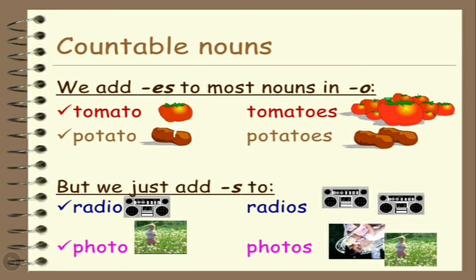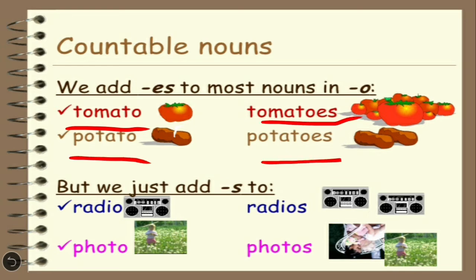The examples you can easily see: tomato, tomatoes, potato, potatoes. And we just add s to some of the nouns like radio, radios, photo, photos.